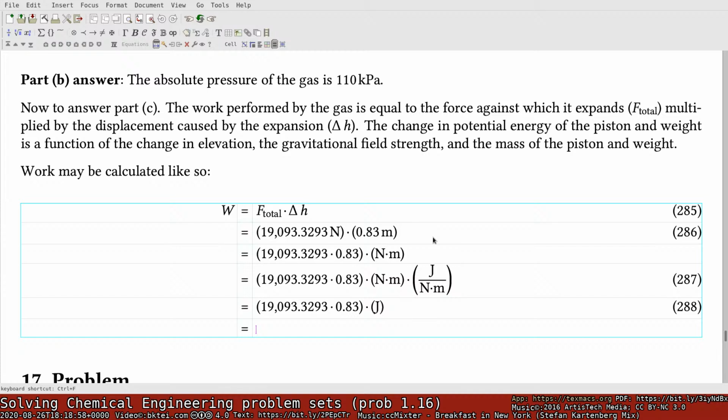And that equals, let's see, 19,093.3293 times 0.83 meters. 15,847.46332 joules. That's the work done.